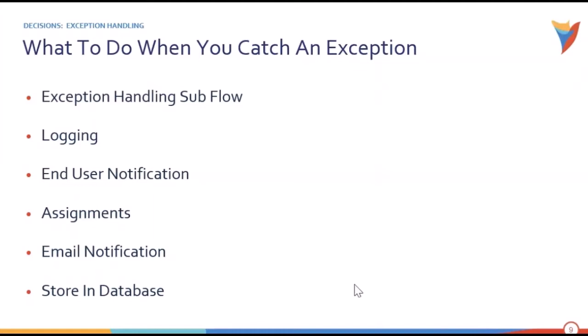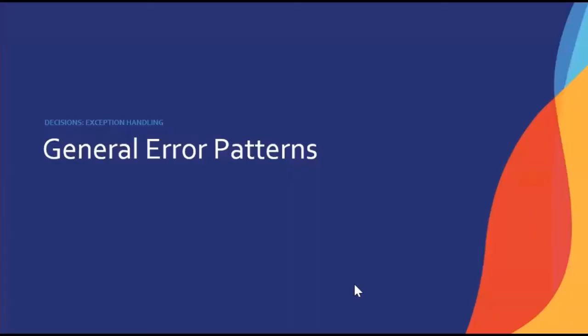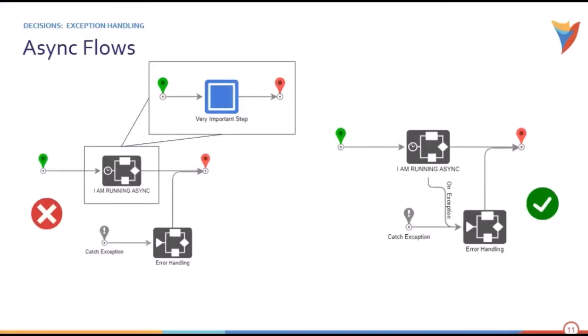So now moving on to the next topic, that is general error patterns. The first and foremost thing in general error patterns is async flows. Errors occurring in async subflows will not be picked up by a parent flow. Always make sure that any flow being called asynchronously has its own error handling.